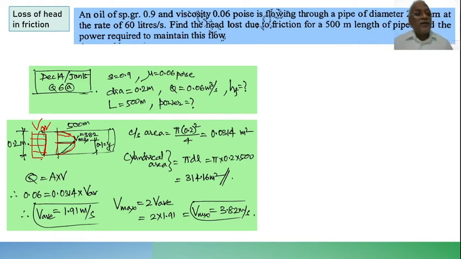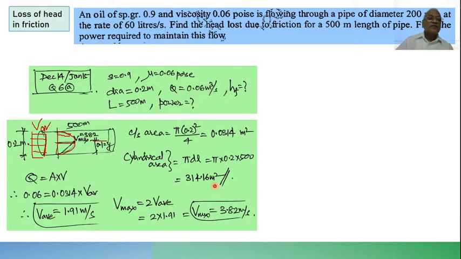Now because the diameter is 0.2, from the center the distance to the periphery will be 0.1 meters, so y is equal to 0.1. Now we'll go in a simple manner. Cross sectional area pi d squared by 4 I can calculate. Diameter is given.